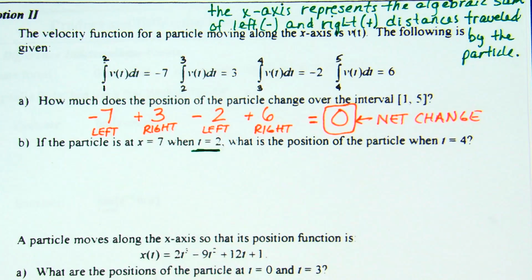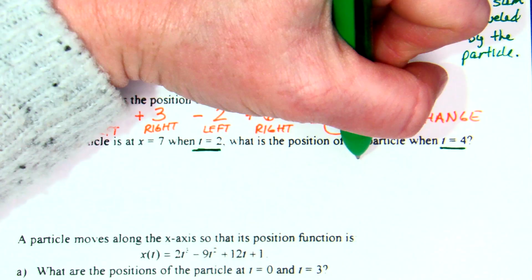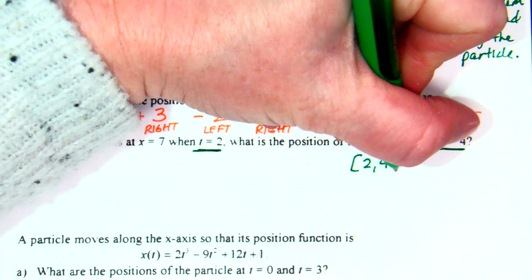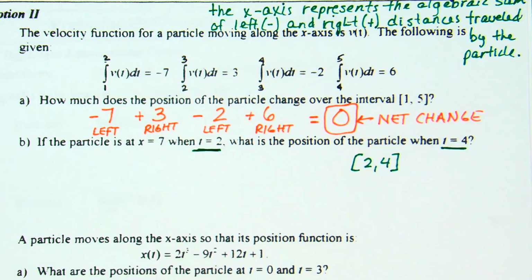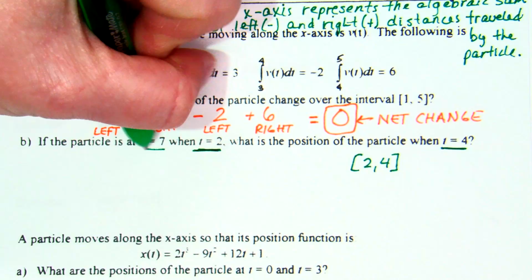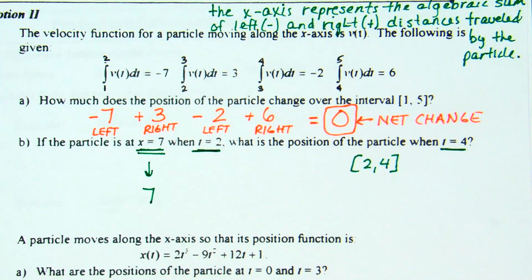We're starting at t equals 2 and ending at t equals 4. So we are essentially just focused on the interval from 2 to 4. What's the other important piece we have to keep in mind, though? Yeah, we're starting at 7. So you're not just starting at a neutral time 0, you're starting at 7.